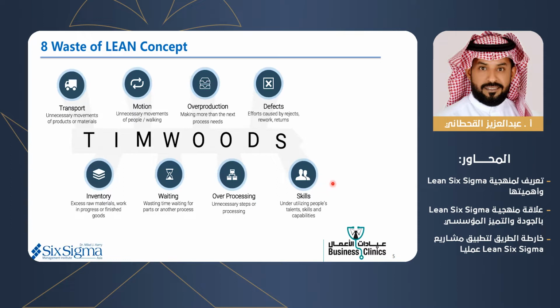So in summary, all these wastes have to be prevented in any organization, regardless of whether it is manufacturing, healthcare, or industrial. These 8 deadly wastes should be eliminated if possible. If not, then we have to reduce them as much as possible.